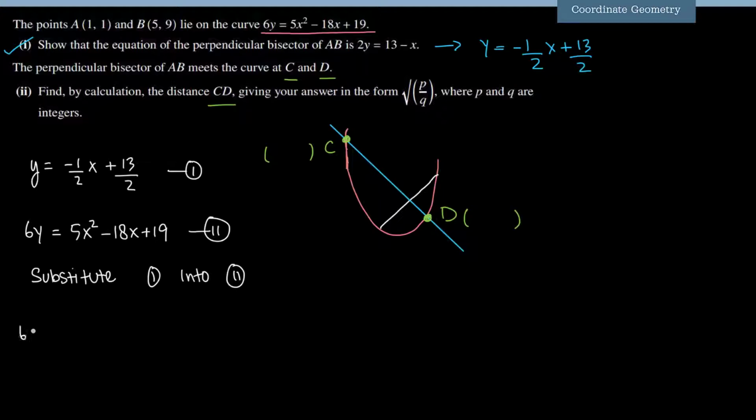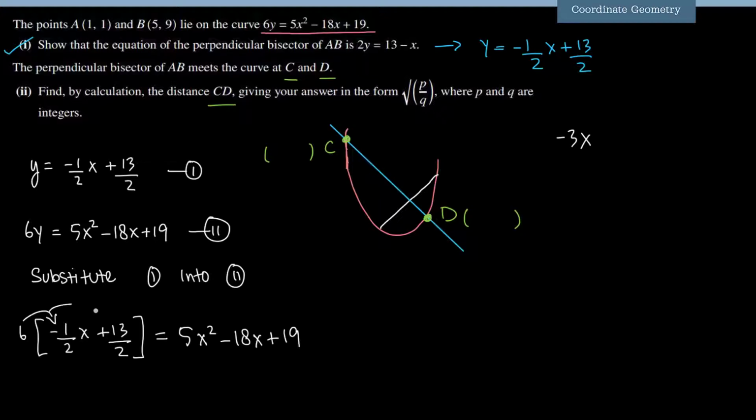and I'll get 6 times minus 1 upon 2 x plus 13 upon 2 is equal to 5x square minus 18x plus 19. 6 times minus 1 upon 2 x is going to give me minus 3x, and 6 times 13 upon 2 is going to give me 39. This is equal to 5x square minus 18x plus 19.